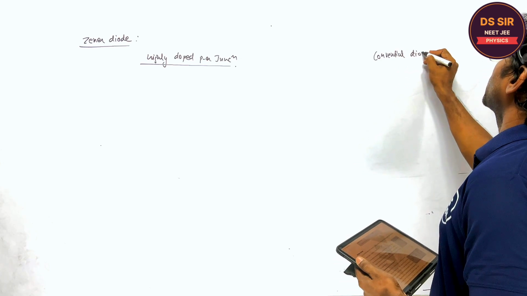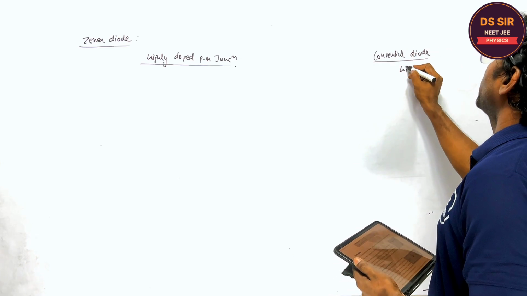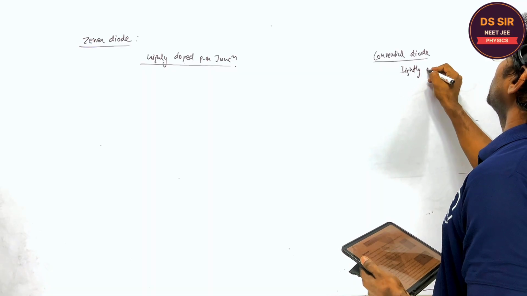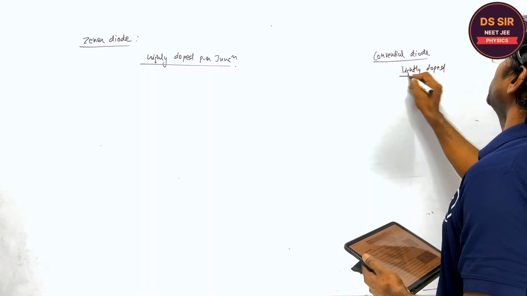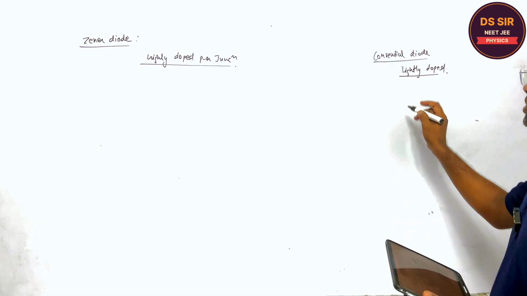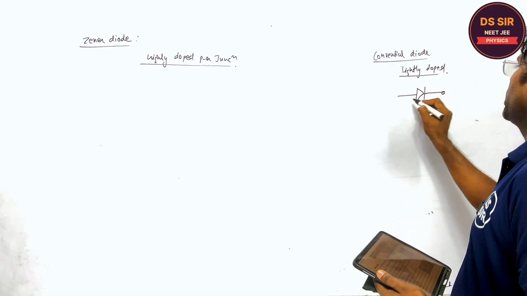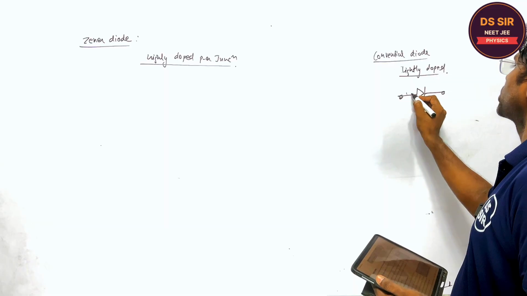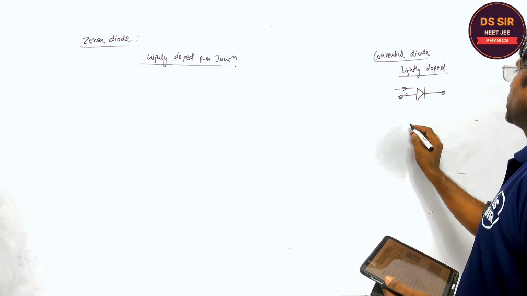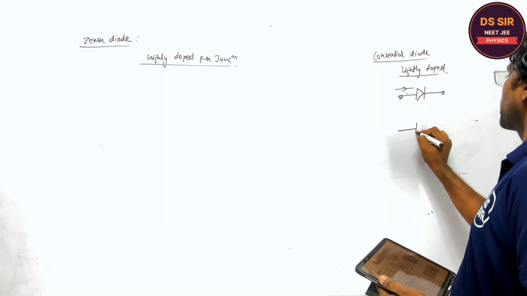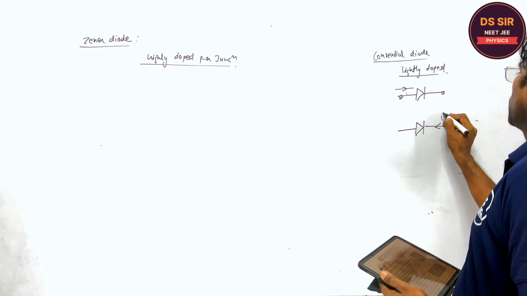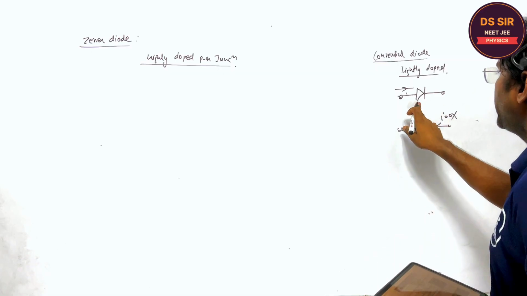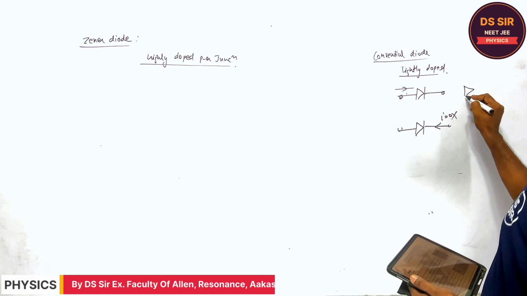The conventional diodes are lightly doped. Do you understand or not? This is the conventional diode in which the current flows only in this direction. Are you getting or not? The current does not flow in this direction. That is why its symbol is what? What is this arrow symbol?